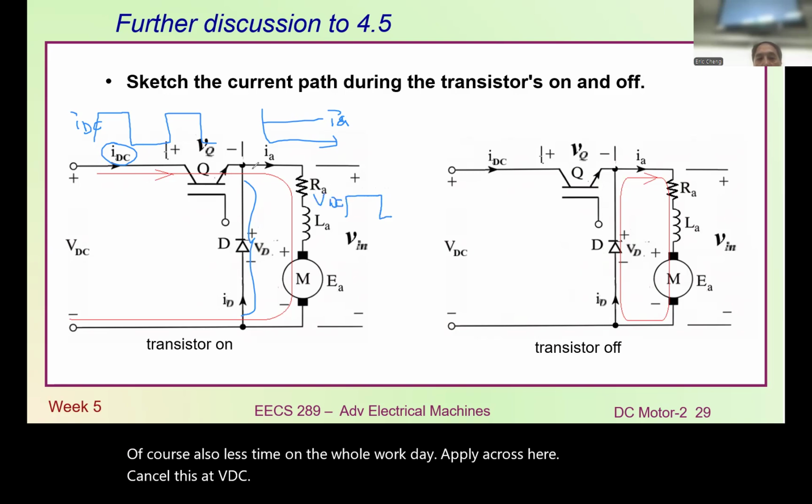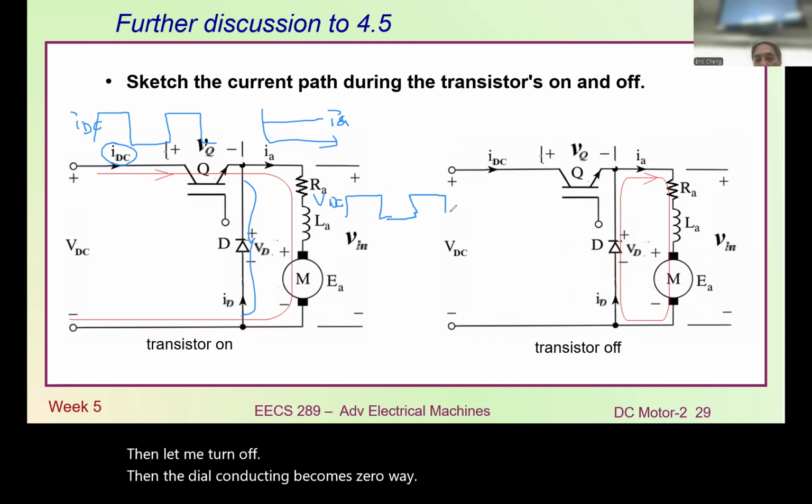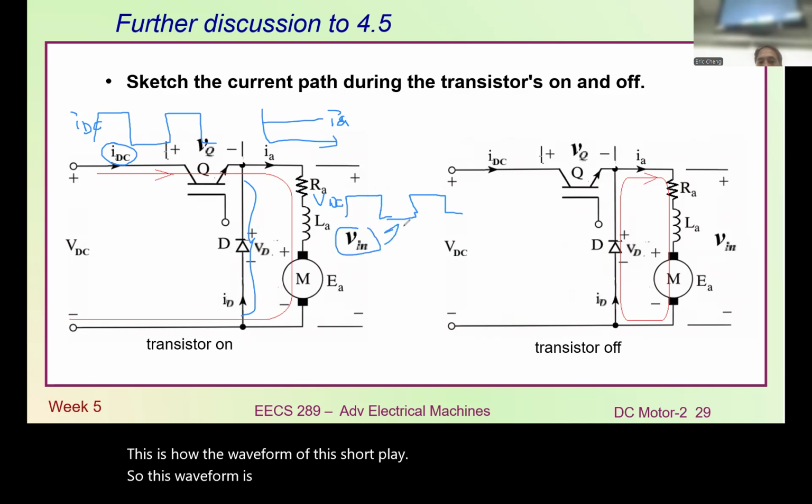And when we turn off, the diode conducts and it becomes 0, right? So the waveform will become this. This is how the waveform shall look like. This is the waveform for the motor voltage. I think you all understood.